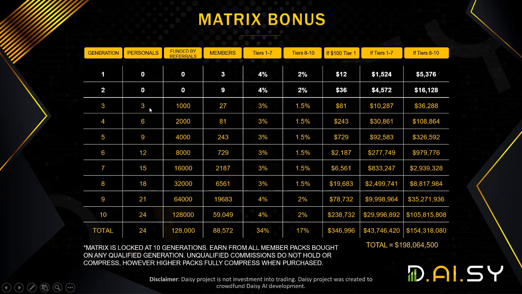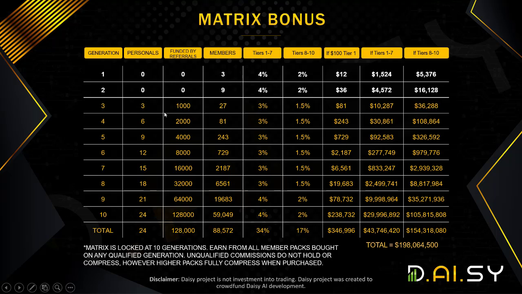All right, so this is the third generation. For the fourth generation, you need to directly bring in 6 people, and they have to have a total turnover of at least $2,000 that they paid for crowdfunding packages. It comes to a sum of at least $2,000.